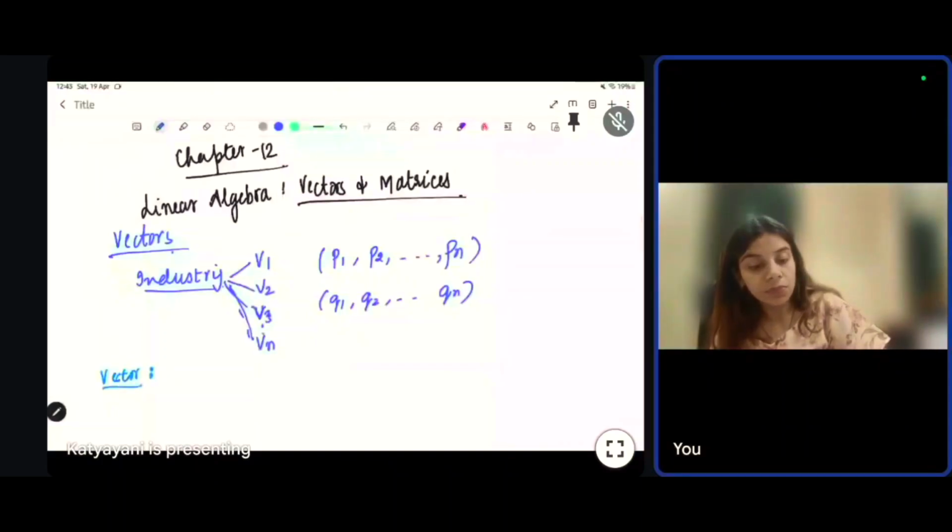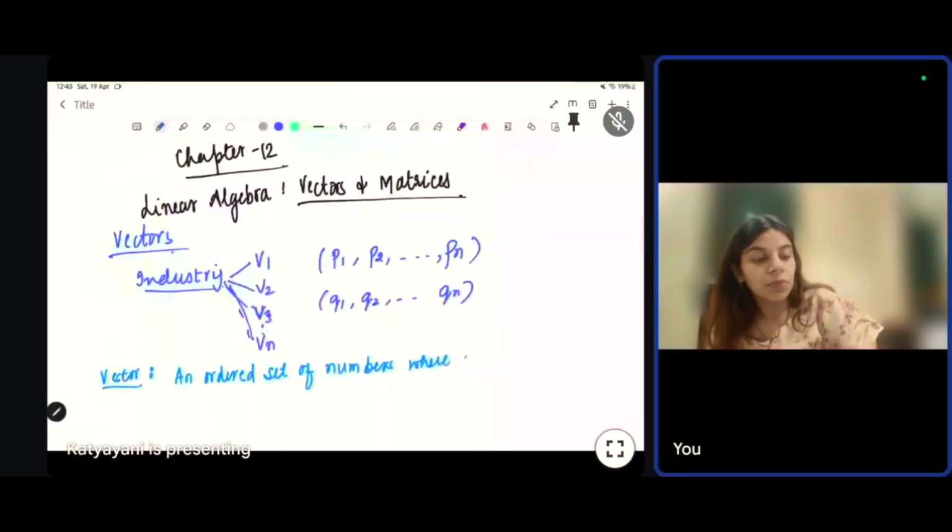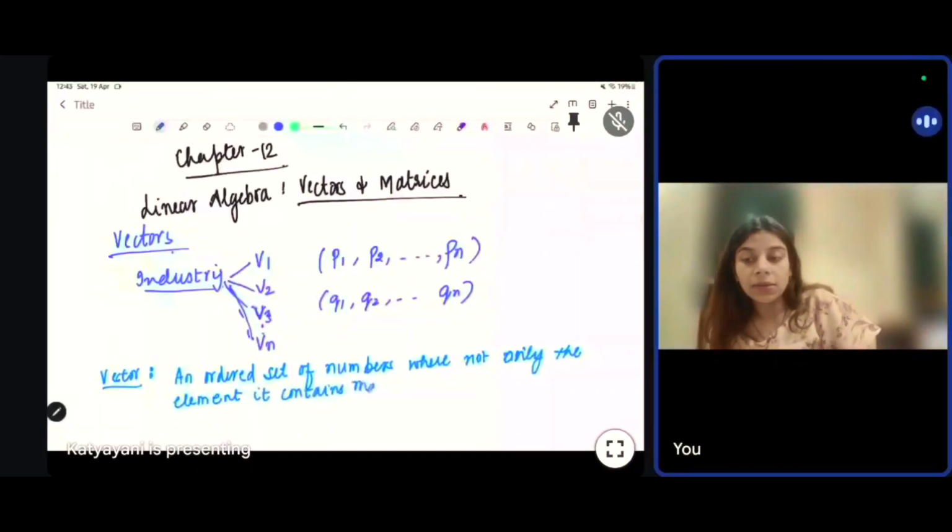A vector would be an ordered set of numbers where not only the elements it contains matter, but also the order in which they appear.